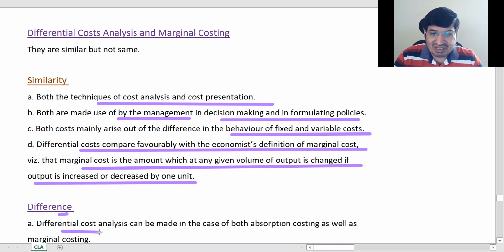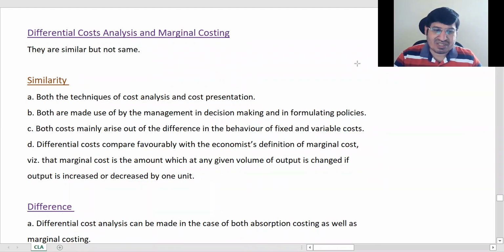Now, differential cost analysis you can make in case of both absorption as well as marginal costing. Remember, marginal costing is also a system of costing, so you can keep your records as per marginal costing. Sometimes, even if you have marginal data or absorption data, you can use differential costing to compare certain things.